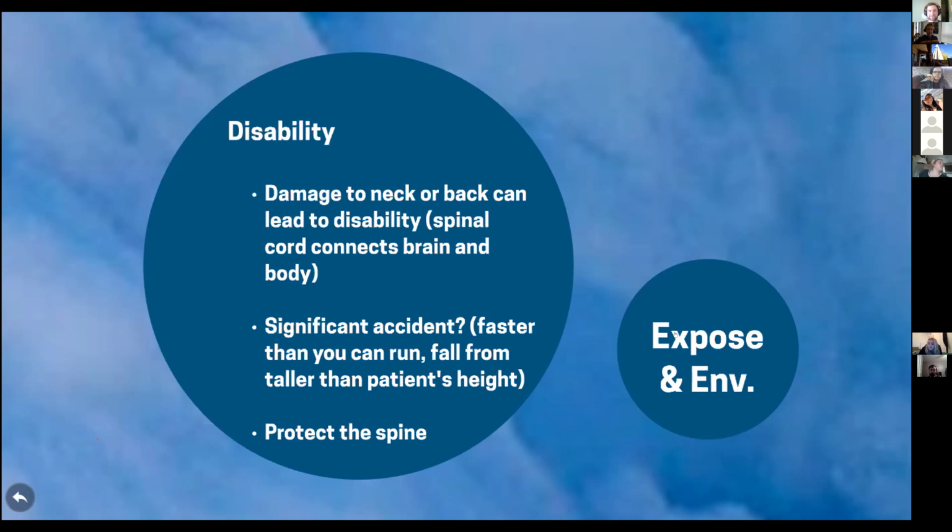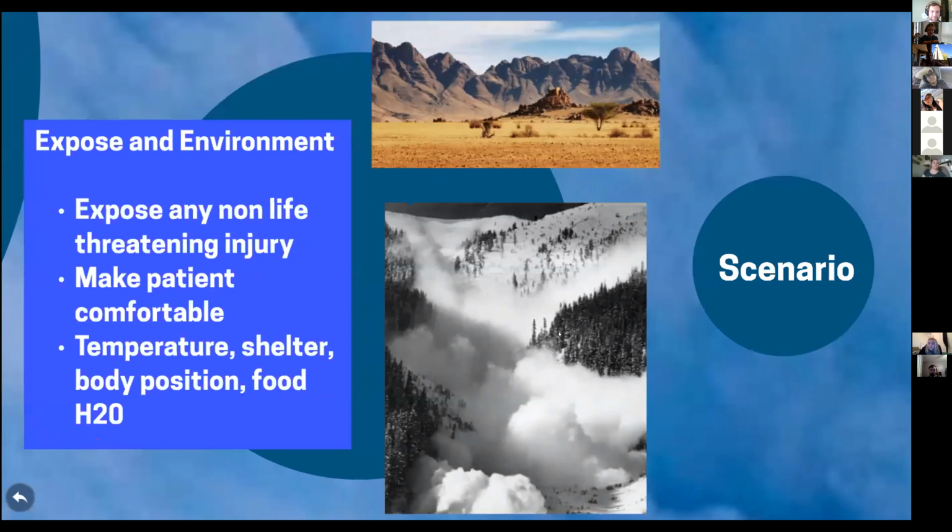So airway, breathing, circulation, disability. The last one we'll go through is the E, expose and environment. Like I was saying, the primary assessment is where you're treating any life-threatening injuries. Here at expose, we're exposing any non-life-threatening injuries. If I twisted my wrist or had a dislocated finger or rolled my ankle, those are non-life-threatening injuries.